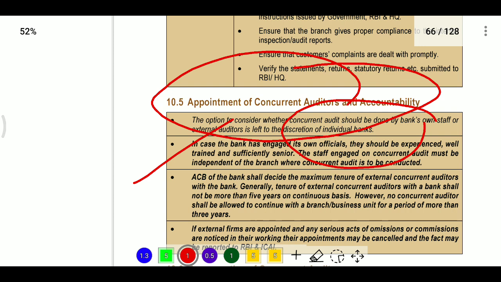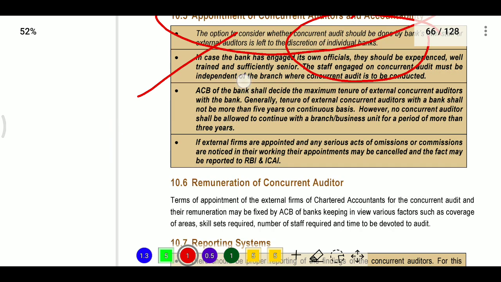Next, the ACB, the audit committee of the board of the bank, shall decide the maximum tenure of an external concurrent auditor. Generally it shall not be more than 5 years. However, no concurrent auditor shall continue with a branch for more than 3 years.